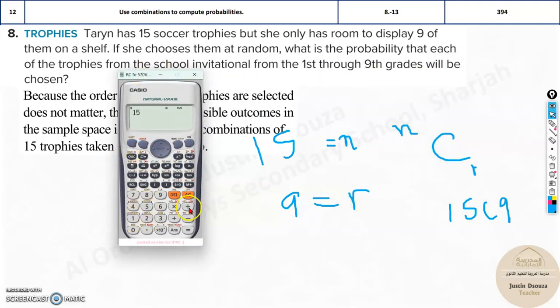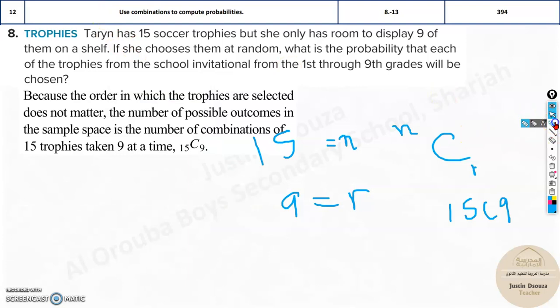15, shift, use the division symbol, and the r value is 9, and that is the answer. These are the total possible ways to select 9 out of 15. There are 15 trophies, 1 to 15, and any 9 can be selected. There's no order in consideration.